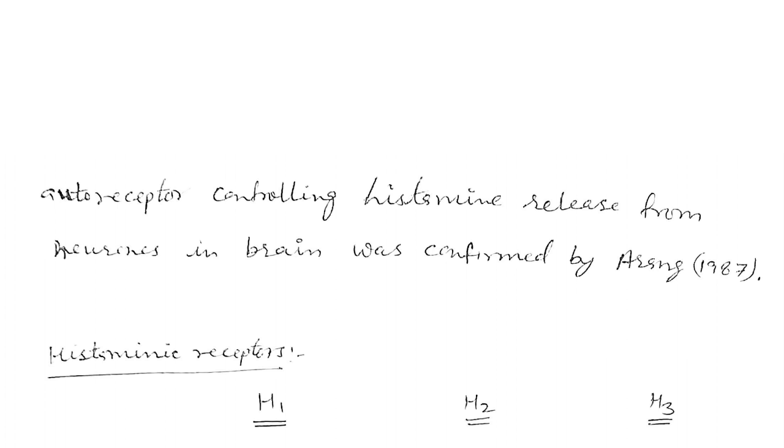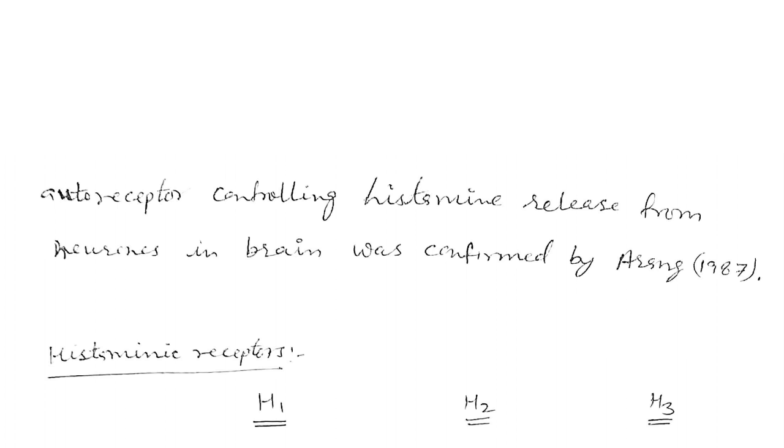Mainly there are two types of receptors, H1 and H2 histaminic receptors, present in the peripheral part of the body, and histamine binds on these receptors and exerts its action. I hope you got my point: histaminic receptors can be classified into three categories: H1, H2, and H3 receptors.